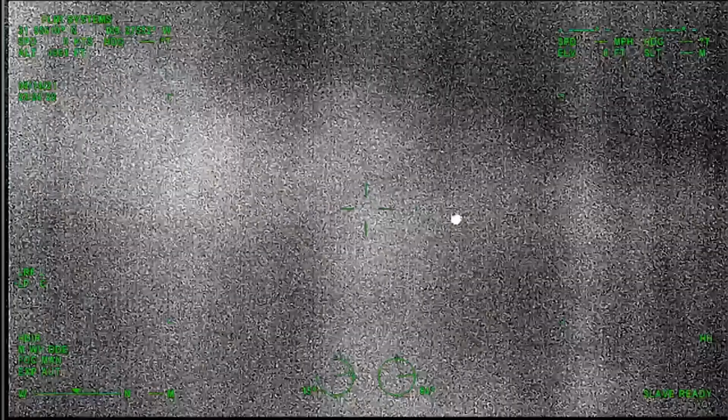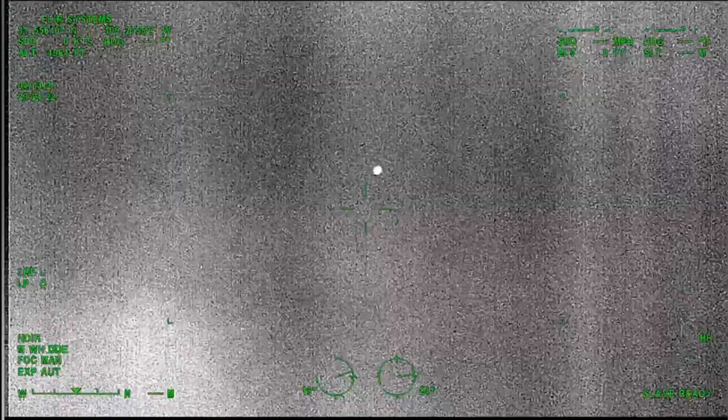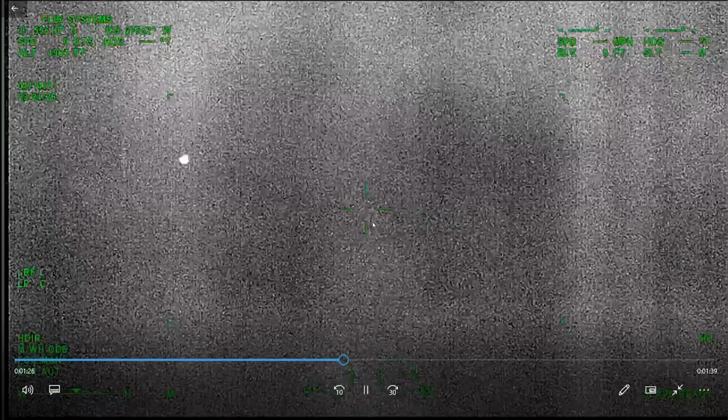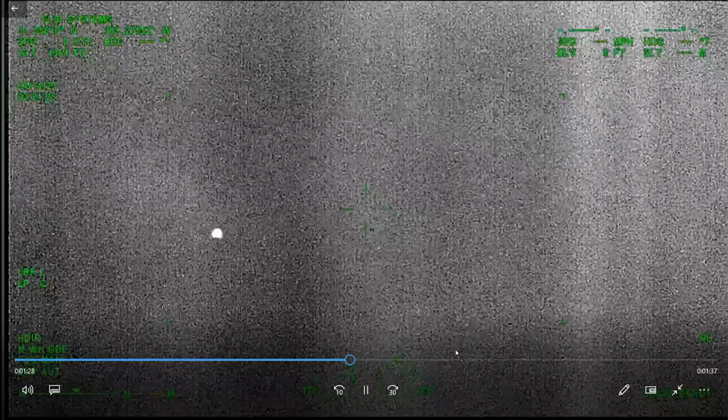When it changes to black, it's black hot. It's only a little more than a minute and a half long.